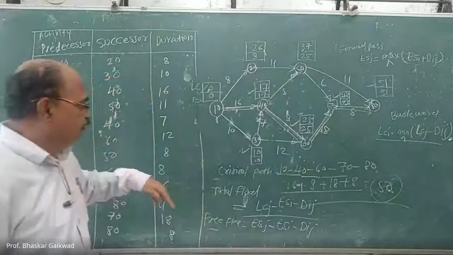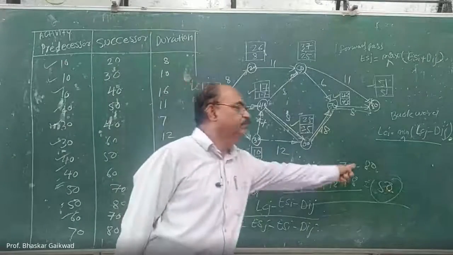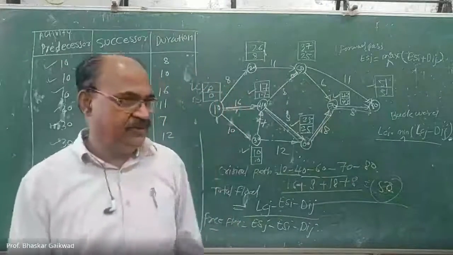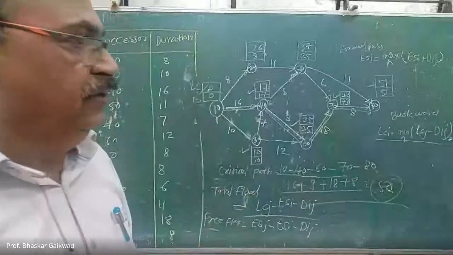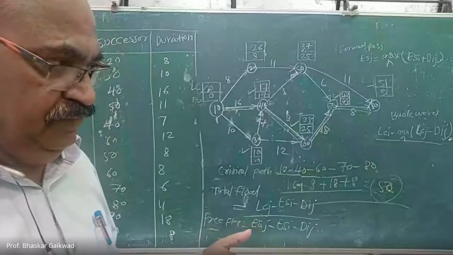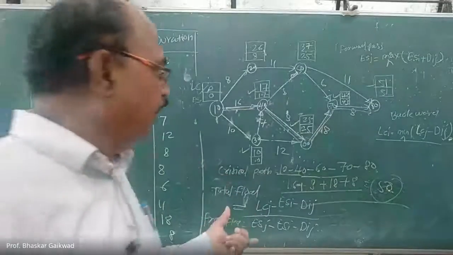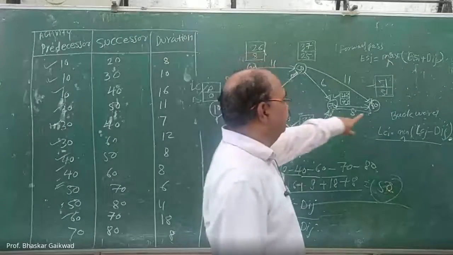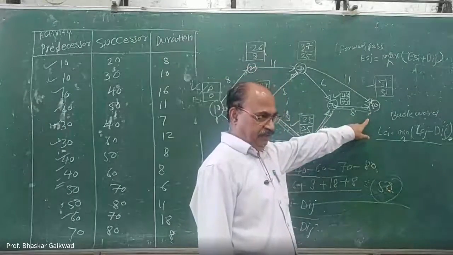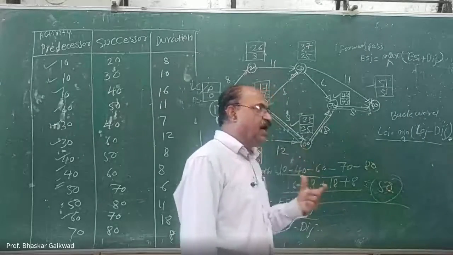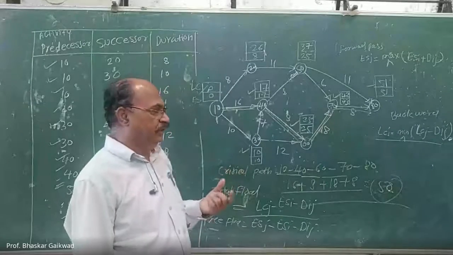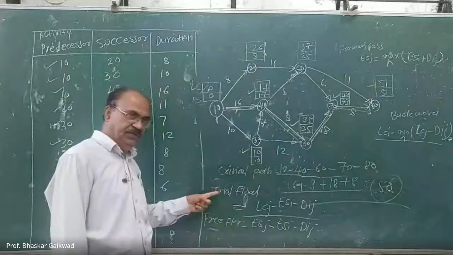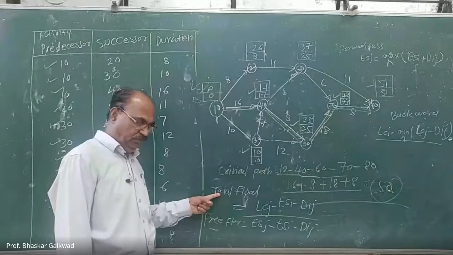Again, the same thing will be there. So that means this activity is critical. You have to concentrate. There is no float, and because of that, the project duration will be affected. Which are the important activities, which are the critical activities, we have to decide by using this float.